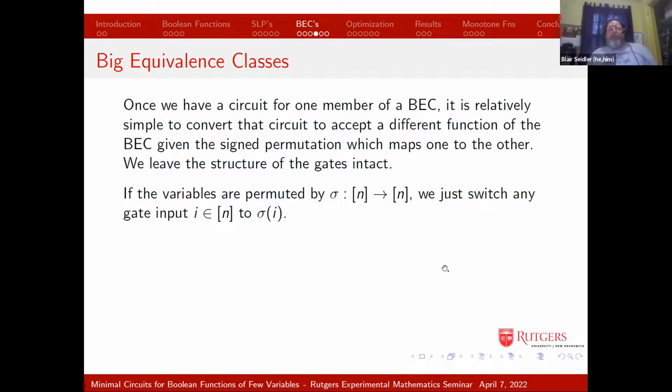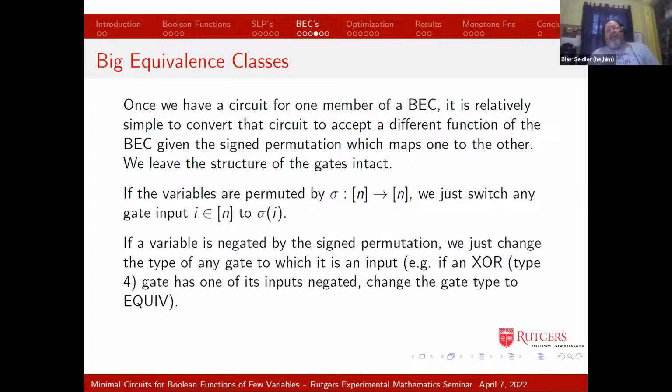If I look at the permutation of variables, I just take any gate that has i as an input, and I switch that input over to whatever the permutation goes to. And if I have to negate a variable, then the worst thing that can happen is I might have to change a gate type. So if I have an XOR gate, I have to change it over to an equivalence gate. But since I have all of the non-degenerate functions, that's easy enough. So this is the informal proof that yes, once I have one member of a class, I have all of them.